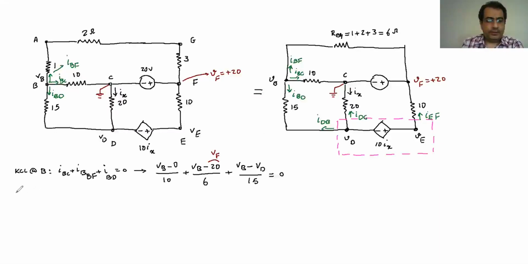And then if I write the KCL at the super node, then I have the current goes from D toward B, plus the current goes from D toward C, plus the current goes from E toward F, should come as 0. And then I can go ahead and write this equation here.